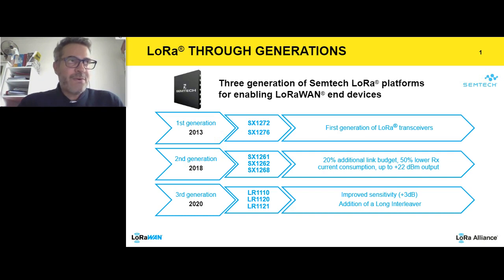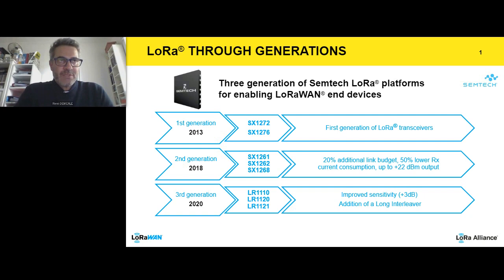What are the differences between those generations? The first generation, SX1272 and 76, covers all the ISM radio spectrum, which allows using LoRaWAN over different regions. Europe uses 868 megahertz, and then you can use the 1272.